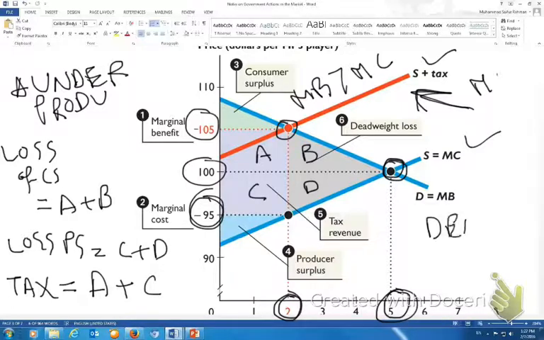So what we have is that there are two triangles that are not appropriated by the government, which are B plus D. B is the loss of consumer surplus as a result of this tax imposed on the producer, or seller, and D is the loss of producer surplus that originates from the producer because he is receiving a lower price. So B plus D is the deadweight loss of a tax that is imposed on the producer.